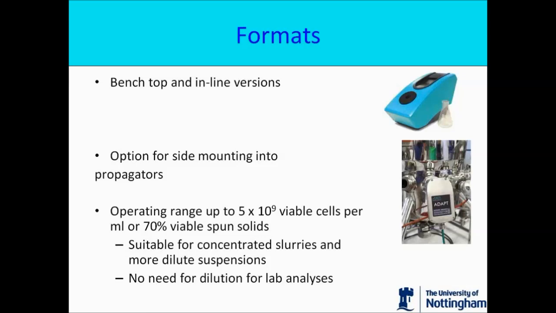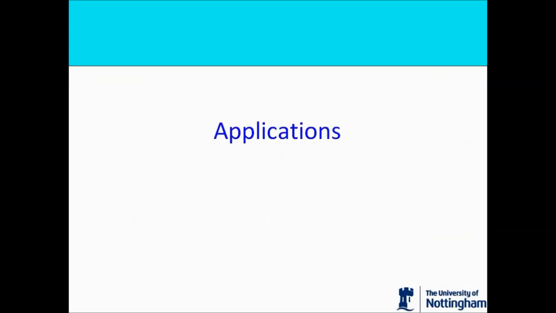So it's obviously suitable for measuring viable yeast concentration in, for example, concentrated pitching yeast slurries or cropped yeast. Because it has this wide operating range, if you use the lab-based monitor, then you don't need to dilute the yeast sample, which is an obvious source of error.